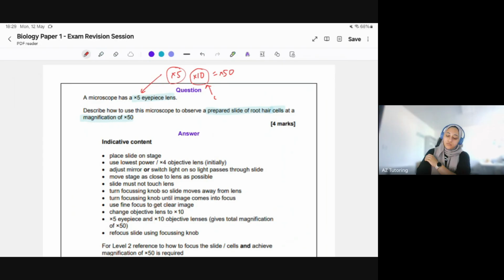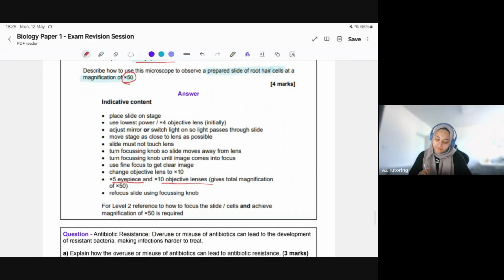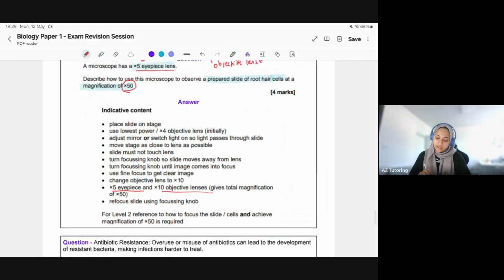So this 10 would be the objective lens. So that's the reason why they've told you this in the question. They want you to be really specific with that calculation. You can see on the mark scheme, it says here times 5 eyepiece and times 10 objective lens. And then it's just a normal method. Always start off with the lower lens first because you've got a wider view of your specimen, and then slowly keep focusing down and increasing magnification. Okay, that's there.